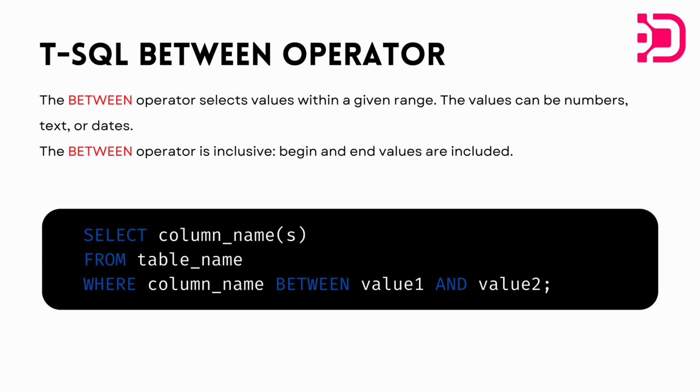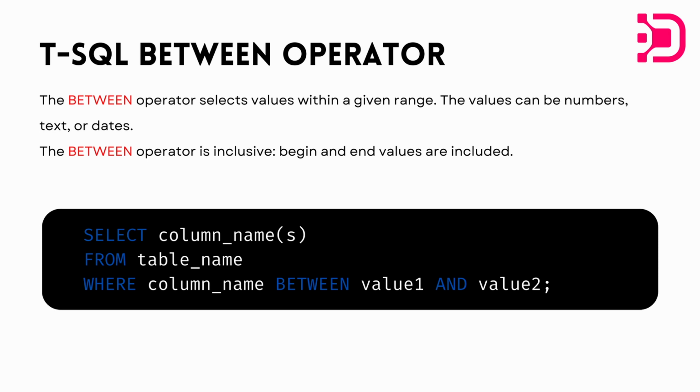If the data in the table falls between the higher and lower value, then it matches and the data is returned. So you can filter data based on a range of values. An important thing to note is that the BETWEEN operator is inclusive. The beginning and end values you specify, it will become clear when you look at the syntax, are included, so it's an inclusive operation.